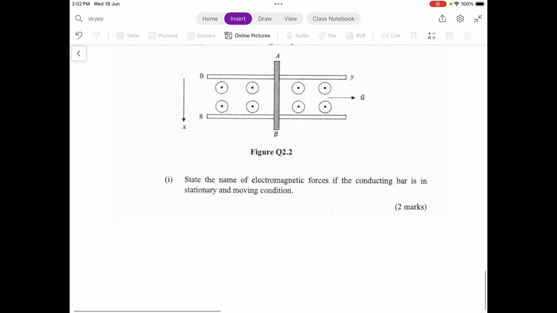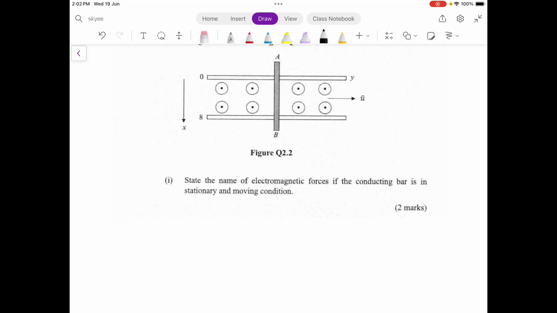So if it is stationary, and if the B is time varying, this is the B, then this one will be transformer EMF. So you can write down transformer EMF.